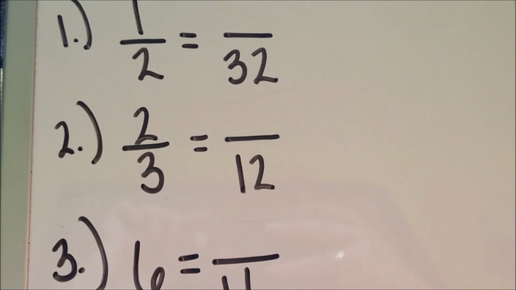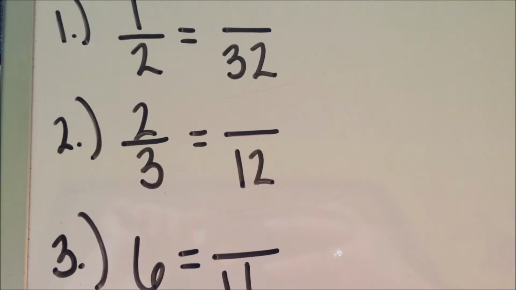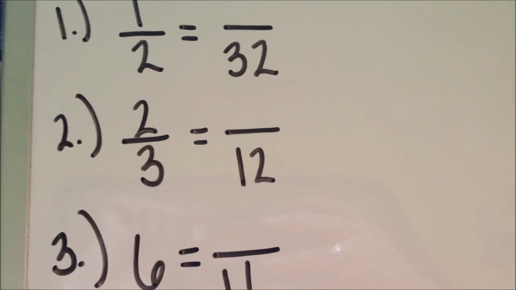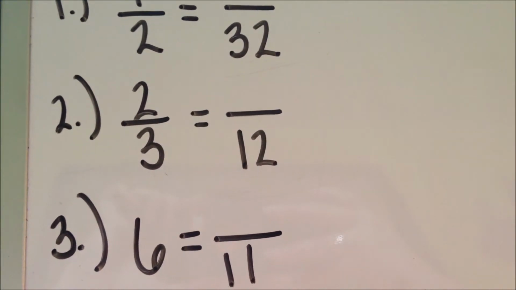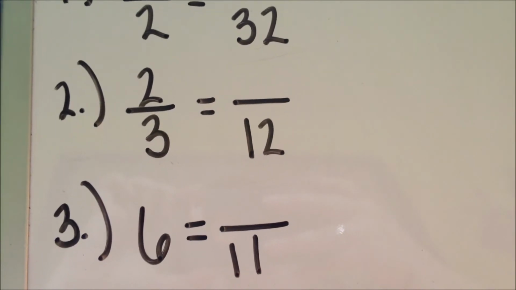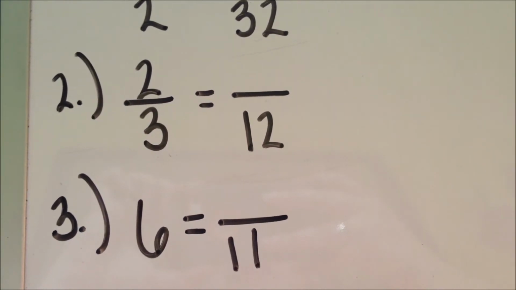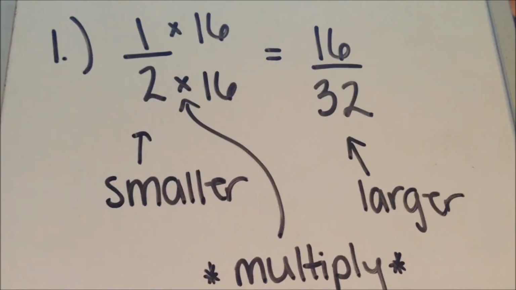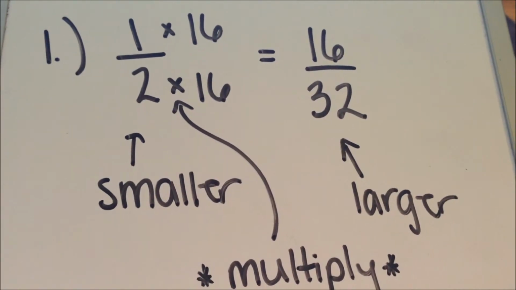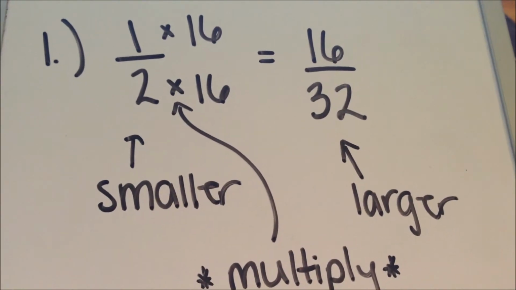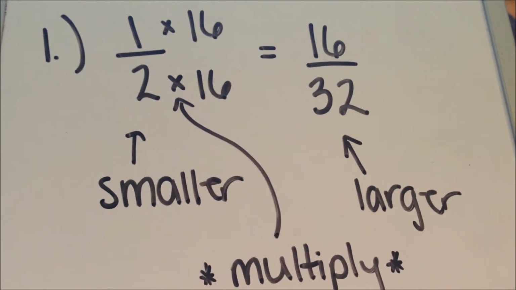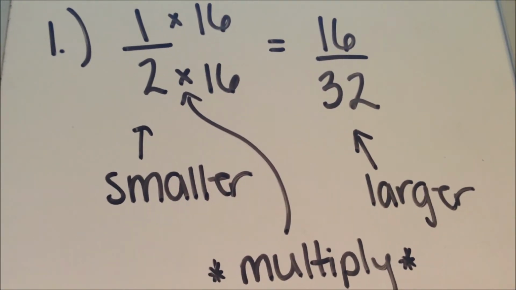1/2 equals blank over 32. Number 2, 2/3 equals blank over 12. And number 3, 6 equals blank over 11. For number 1, we have 2 times 16 equals 32, so we have to do 1 times 16.